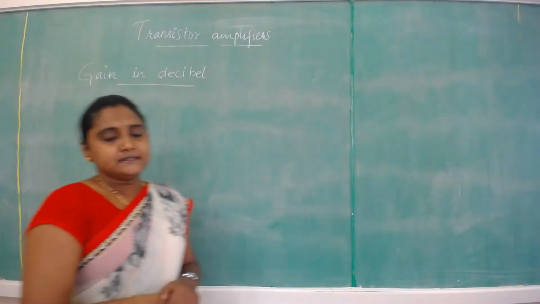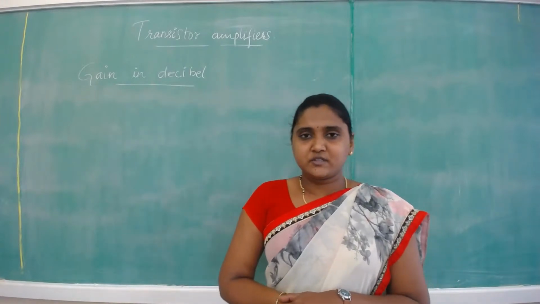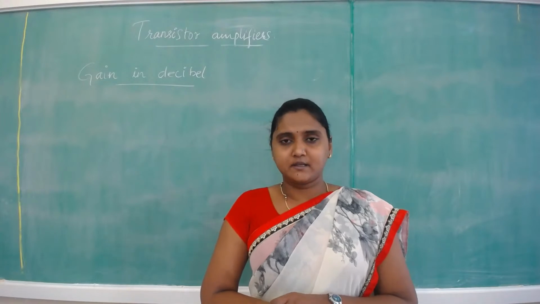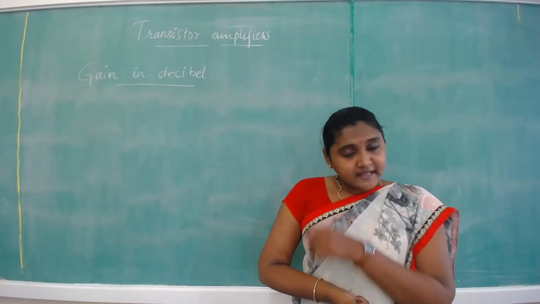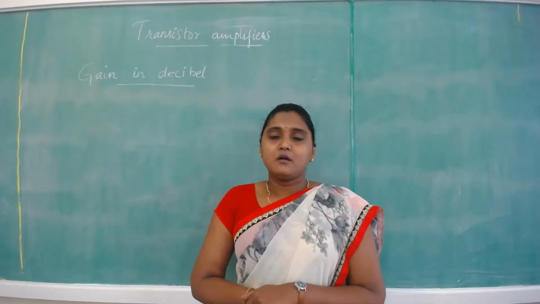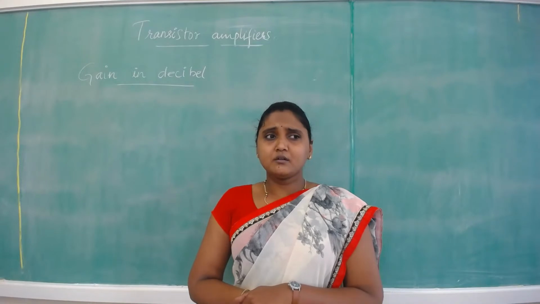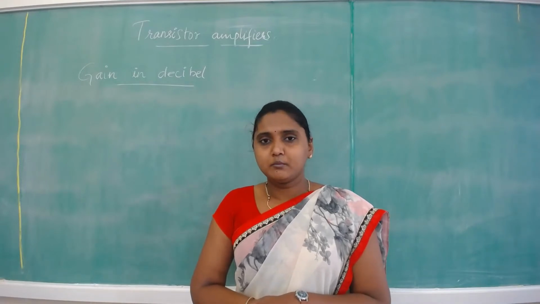Yesterday we have seen three types of gains while discussing the parameters of the transistor, wherein we have seen the voltage gain, the current gain, the power gain. But there we have observed that gain is basically the ratio of output quantity to input quantity. It may be voltage, current, or power.